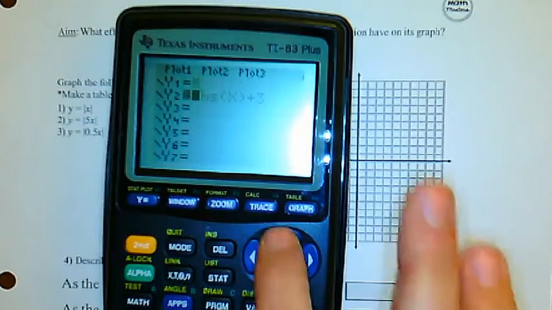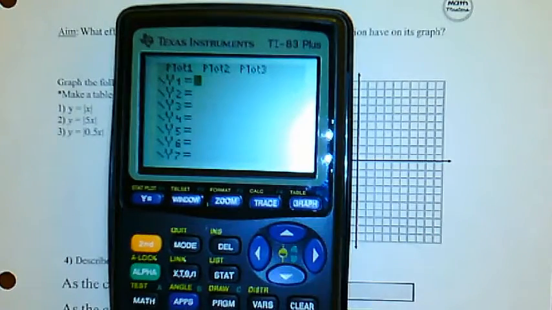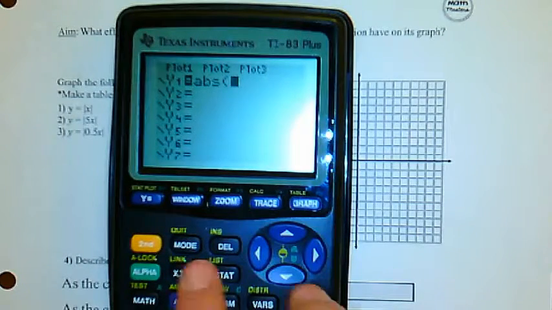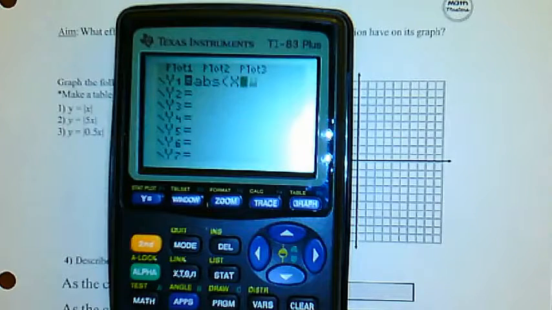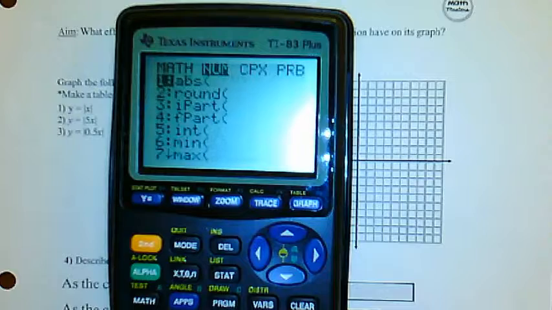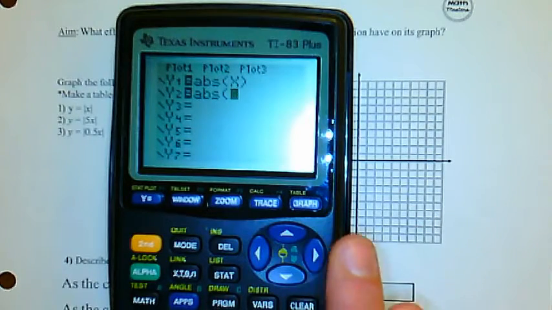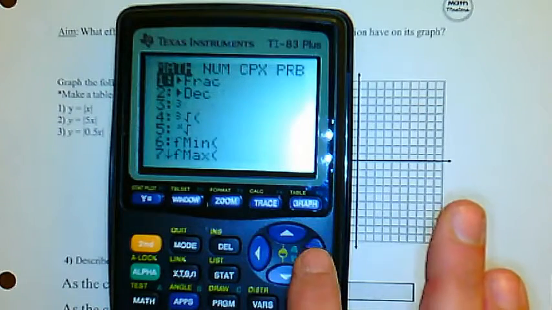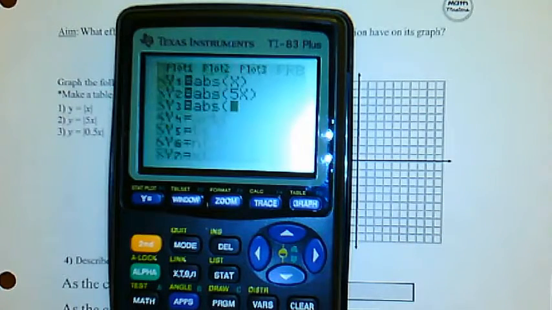So clear everything. We're going to graph. Again, math, number, absolute value, and we'll put an x in there. Do it again. We're going to do this 3 times. Now we have 5 times x, and for our last function we have 0.5, so we have a fraction.